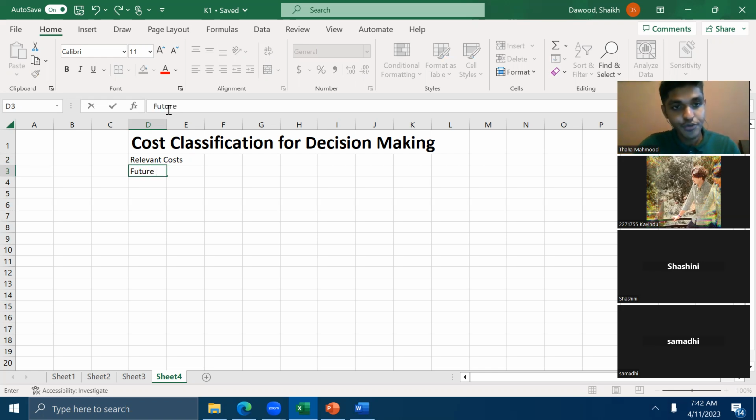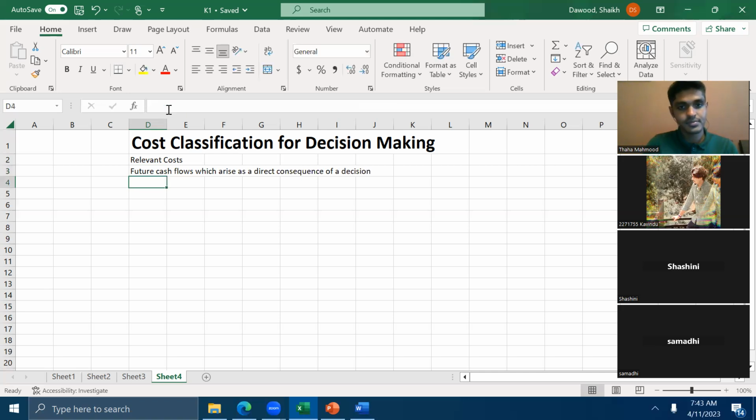So this is the definition. Relevant costs are future cash flows which arise as a direct consequence of a decision. Right?